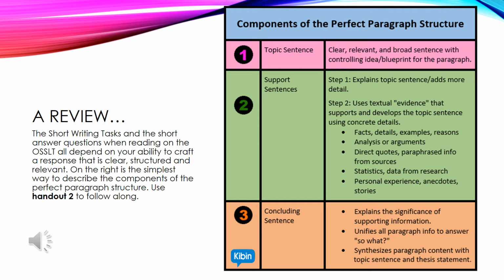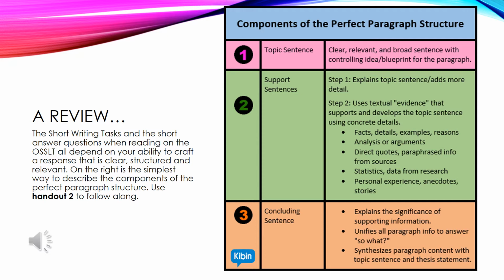You've probably seen this several times in different ways, either as a flowchart, a different kind of graphic organizer, as a hamburger for the perfect paragraph. You might have even seen it as a stoplight, red, yellow, green. Whichever way you remember it, the important point is that there are three crucial parts to any paragraph. And if one of them is missing, you cannot get a successful score on that question.